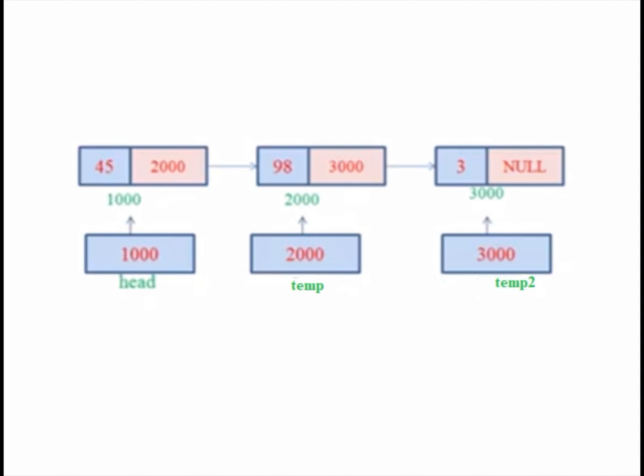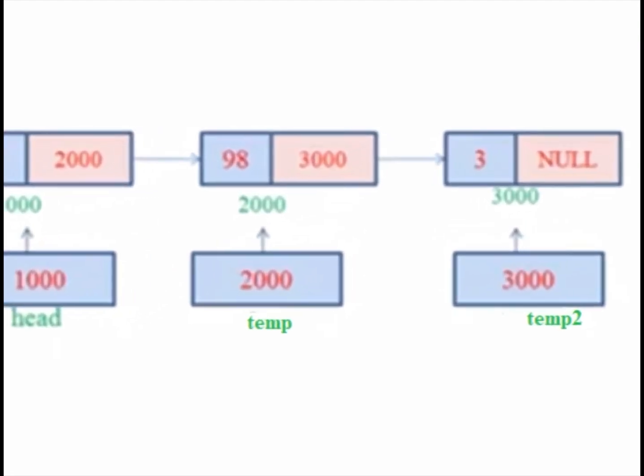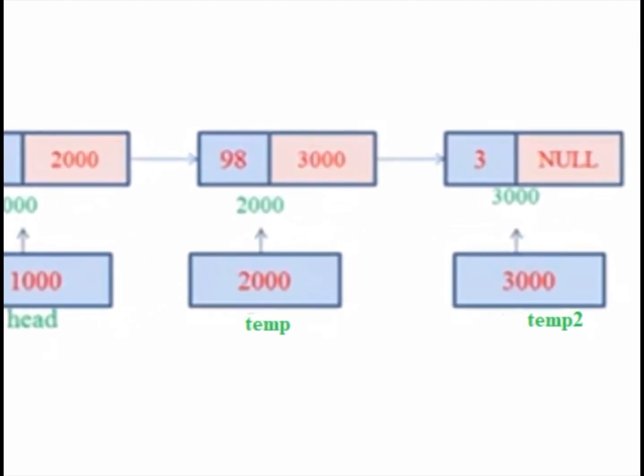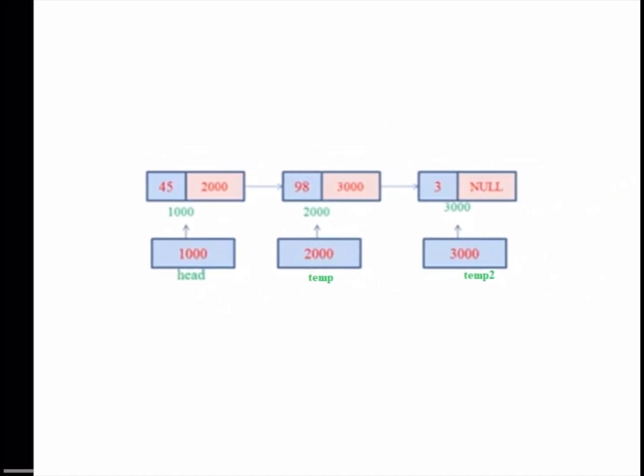Then we created temp2, and assigned temp2 to the link of temp, which means temp->link = temp2. And then temp2's link is assigned null. That's all.